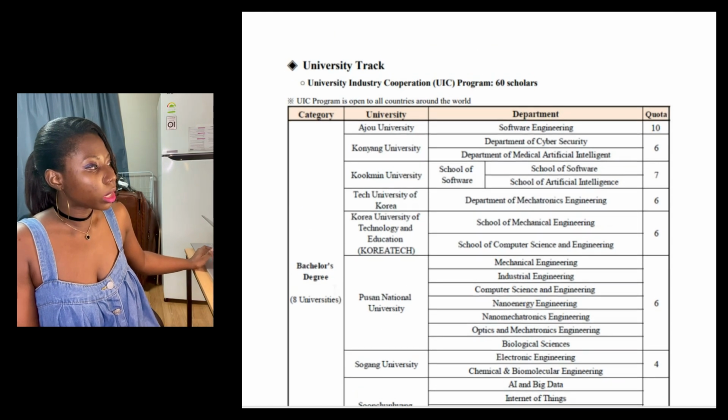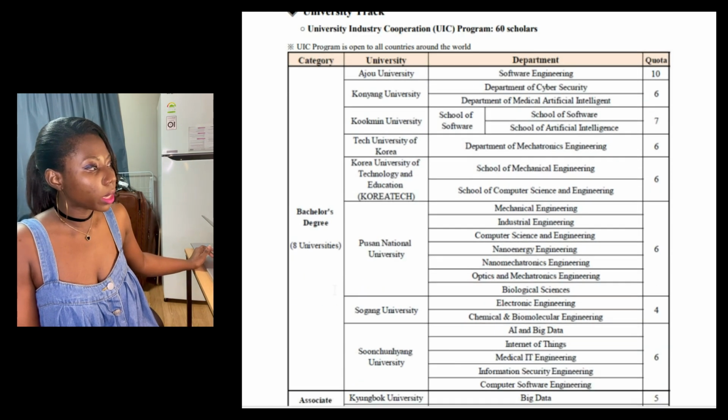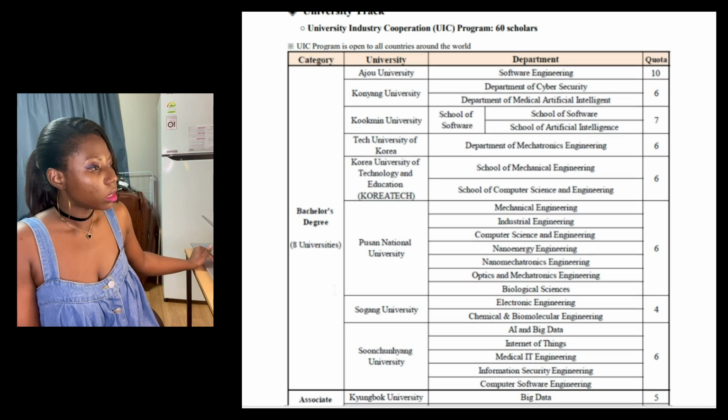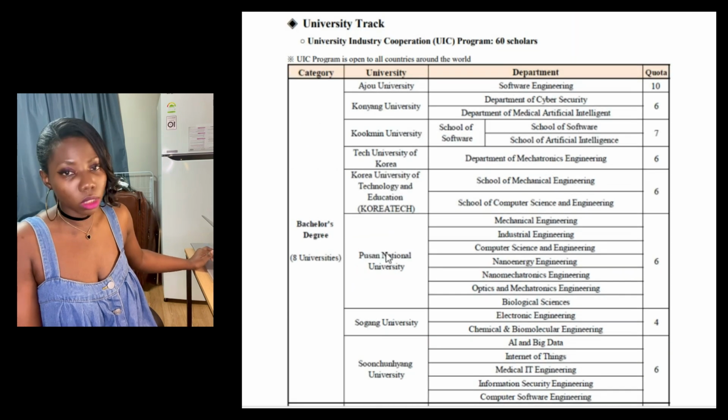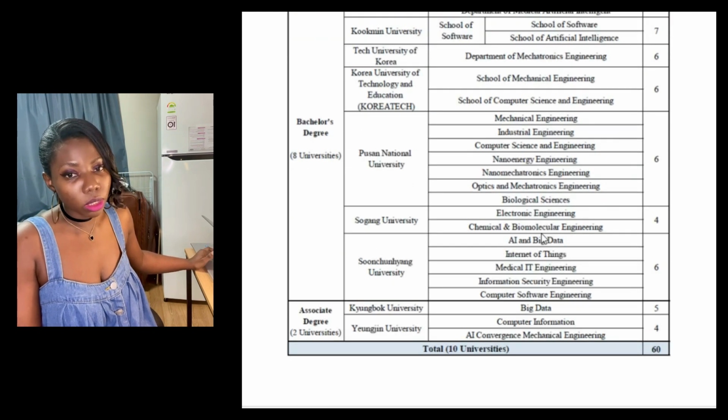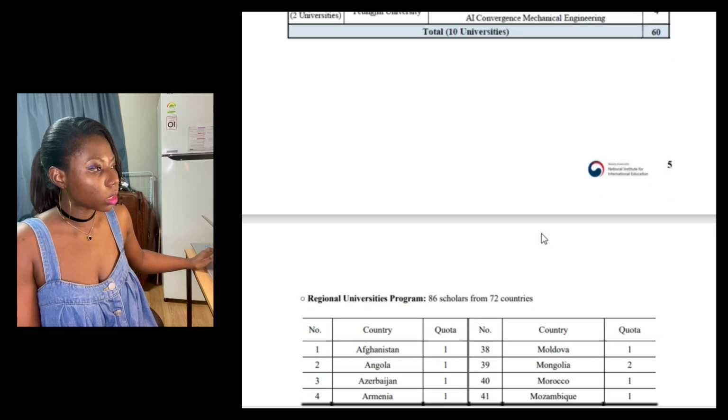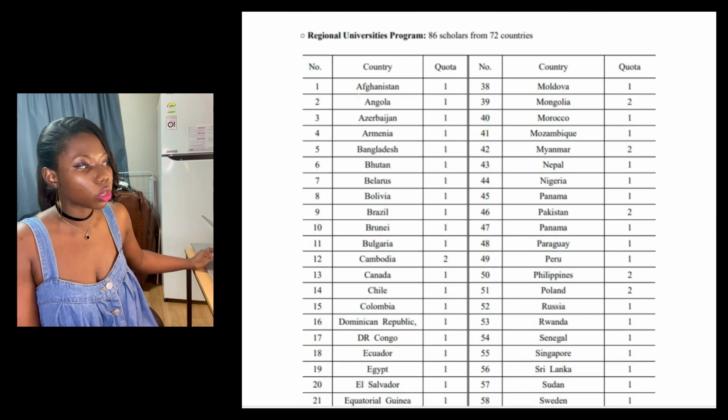All right, when we come to the university track, we have University Industry Corporation, that is the UIC. Okay, they are going to choose 60 scholars for this. So here just go through it. When you look at the programs and the universities and the number of students they are going to take, it will help you decide on the university that you're going to choose. Okay, then you come to the quota for regional universities.